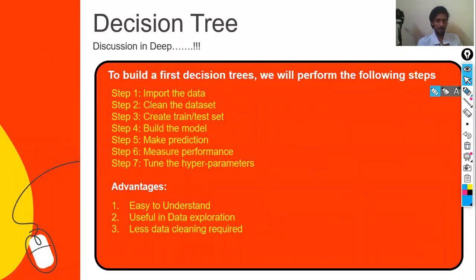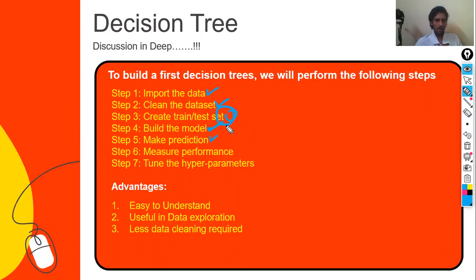Now, what are the steps that you should follow when you're working on a decision tree? As we all know, first things first, you would be importing a data set, importing the libraries, then creating a train test split. Then you would be building a model. Then you would be making predictions.